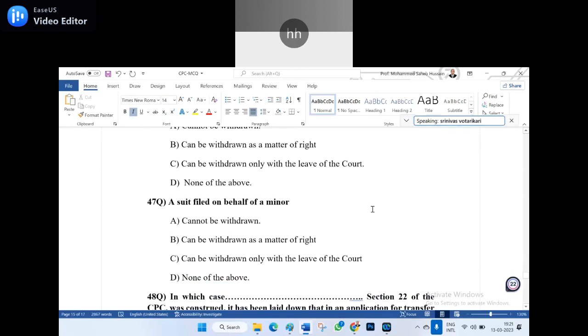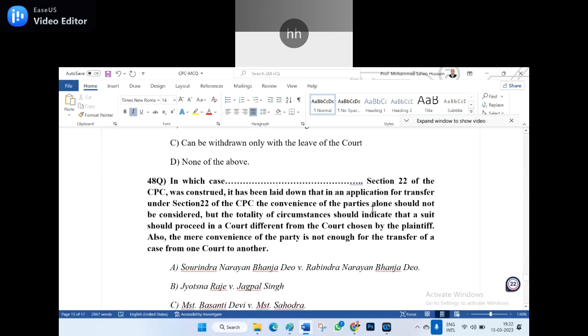Okay, 47th question. A suit filed on behalf of a minor. A, I think we read it. Yes, we read it. 48th question, in which case was Section 22 of the CPC construed?